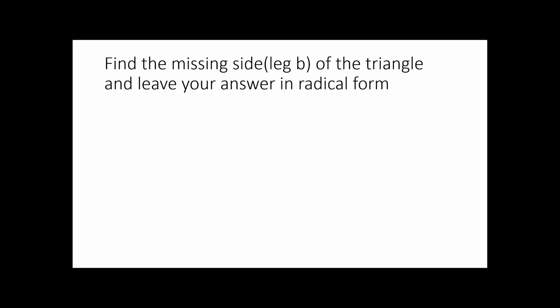Find the missing side, leg B, of the triangle and leave your answer in radical form. So this time side B is missing. So side A, side B, and side C: the hypotenuse and the two legs. So A is 6, B is x, and C is 11.